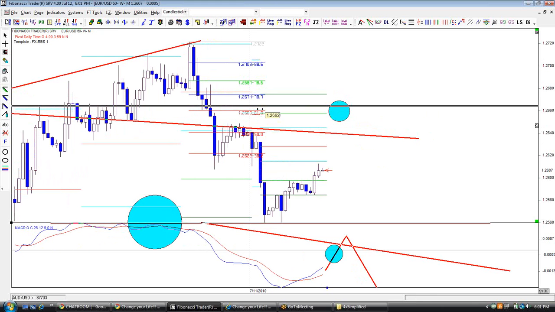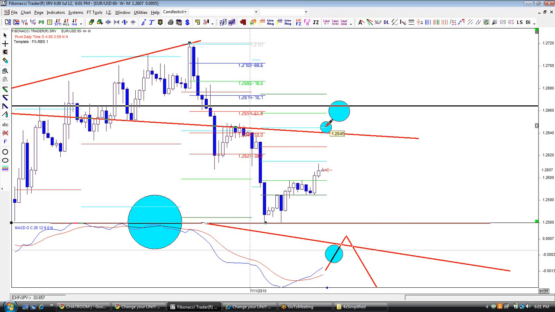We know that here we have the 618 with the pivot line, the support 2. Here, the convergence is not very close, it's within 5 pips, but it's still close. The 50 with support 1. This could be another level that we might think of selling.